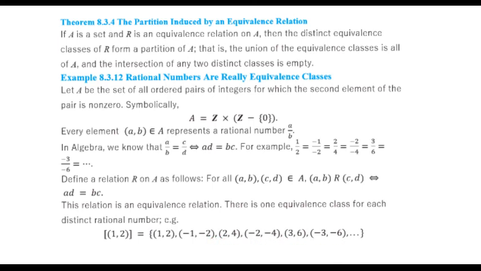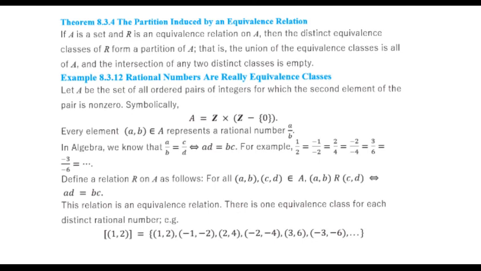So basically, an ordered pair in this example corresponds to a rational number, and the relation R that we defined here corresponds to the equality relation between two rational numbers. Since equality was an equivalence relation, here also we have an equivalence relation, and we have an equivalence class for each rational number. For example, for the rational number 1 over 2, we have this equivalence class.